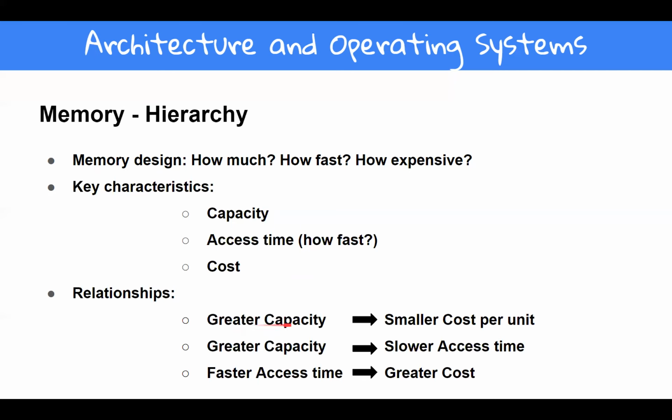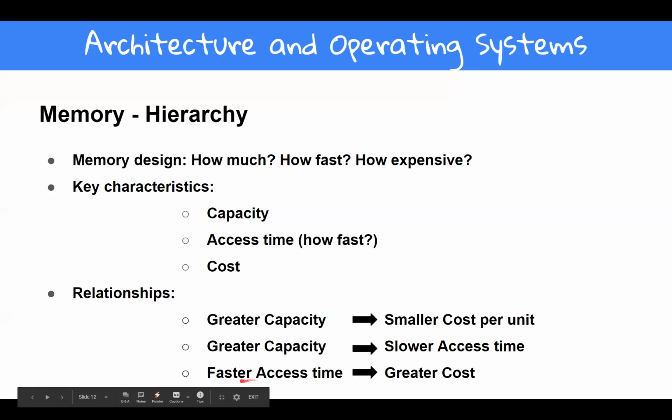When you have greater capacity, definitely the cost will go down. If you go for greater capacity, cost per unit of memory will go down. If you have greater capacity, it will be slower, because again, access time increases if you have a bigger memory. And if you want a faster access time, very quick, it will be very expensive.